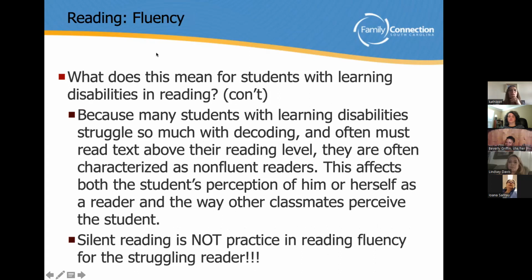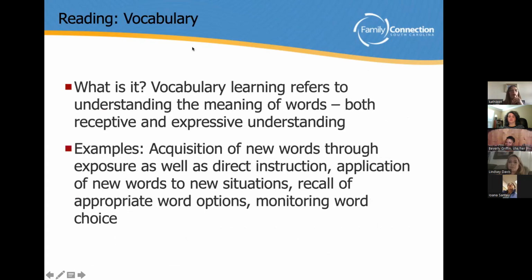All right, so here we have, I think, vocabulary, yes. Vocabulary refers to understanding the meaning of words, expressive and receptive. And in this and in comprehension, these are tied directly to some suggestions I have for working with your child at home. Remember, we said reading dyslexia is often unexpected, okay?